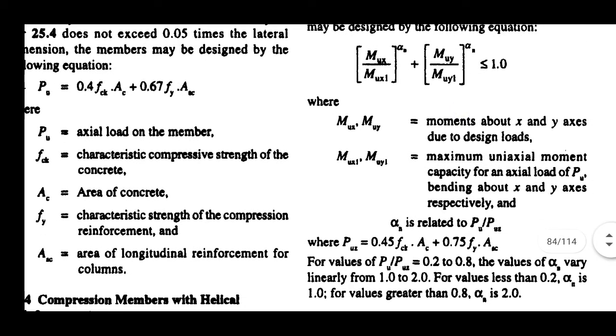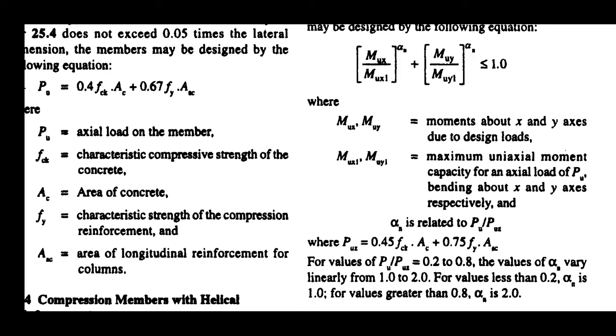where Puz is equal to 0.45 fck into Ac plus 0.75 fy into Asc. For values of Pu by Puz equal to 0.2 to 0.8, the values of alpha n vary linearly from 1 to 2.